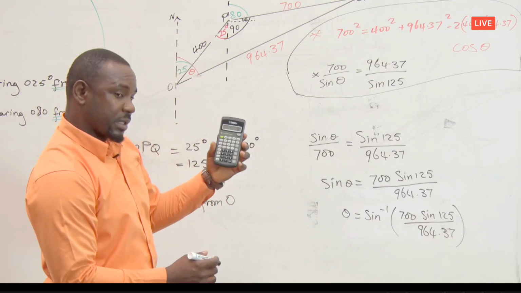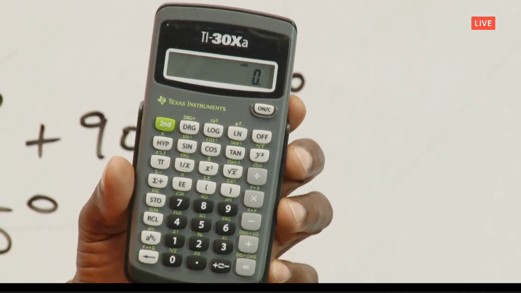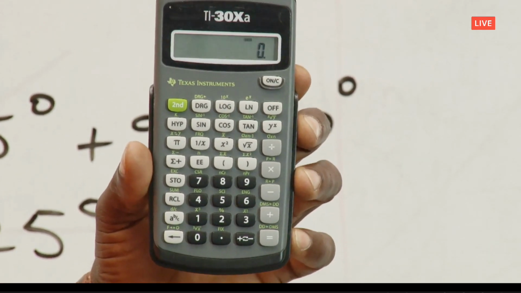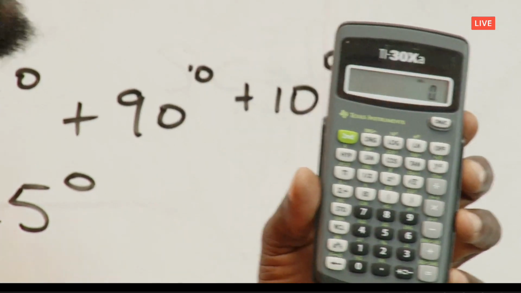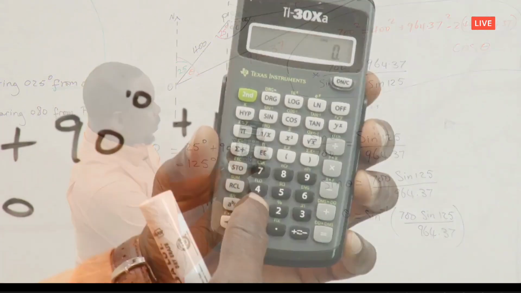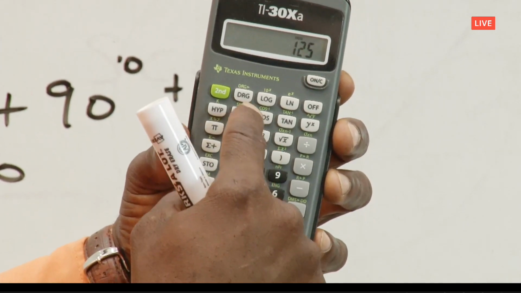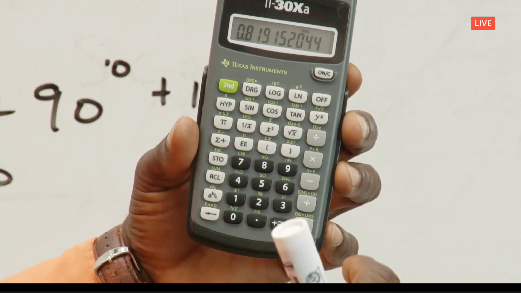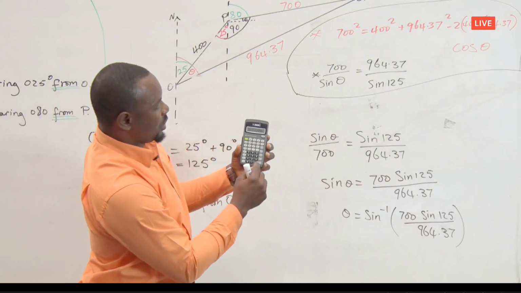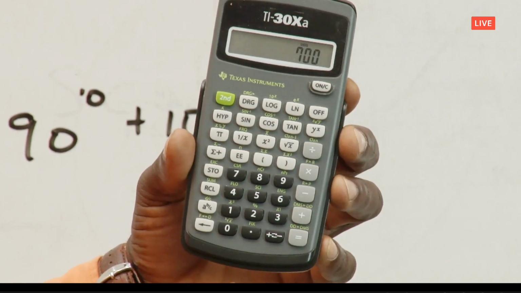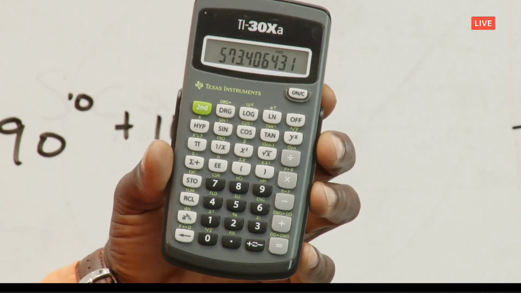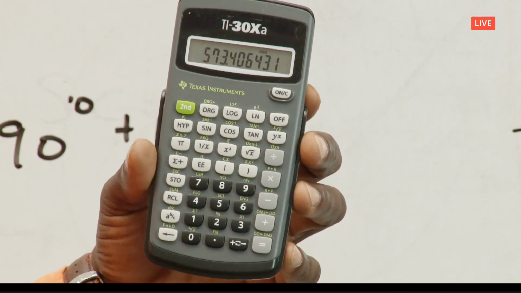You can see how useful it is when you have a proper calculator to solve these problems, because your calculator can ease your workload. So let's go through it. 125 sine, because mine takes the number first. Then I will multiply this by 700, equals 573.406 and other numbers.